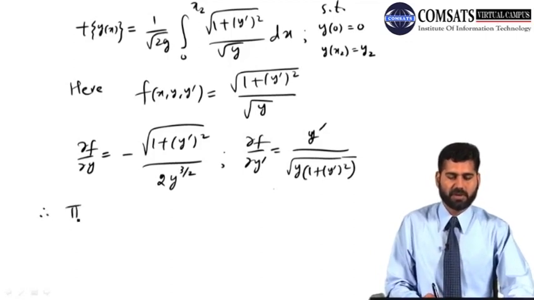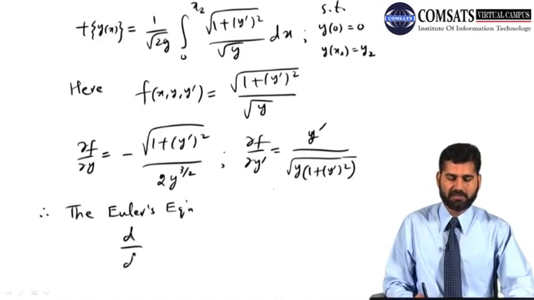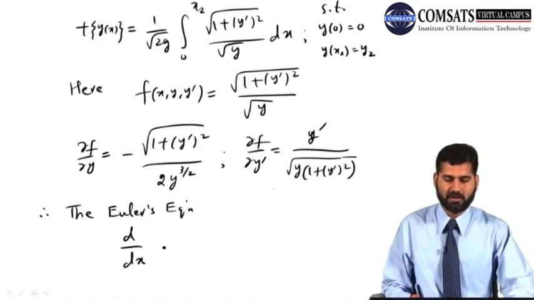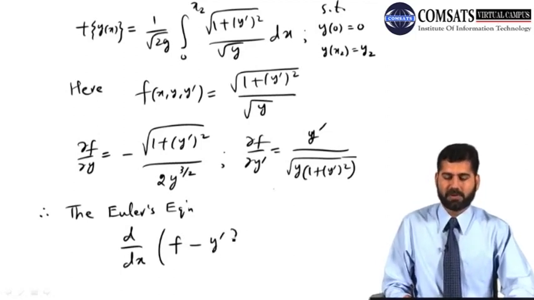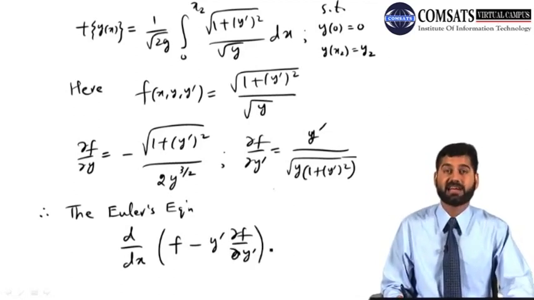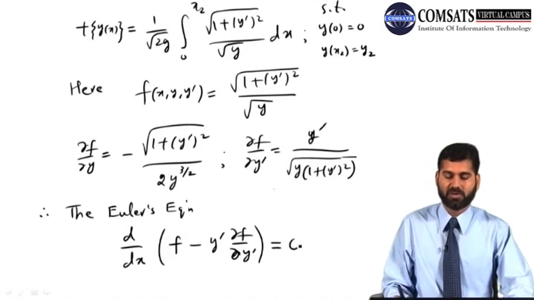All right. So therefore, the Euler's equation, d by dx of, I'm using the equivalent form here, f minus y prime partial f by partial y prime. This is the first equivalent form which we studied, the red equations, equal to 0.